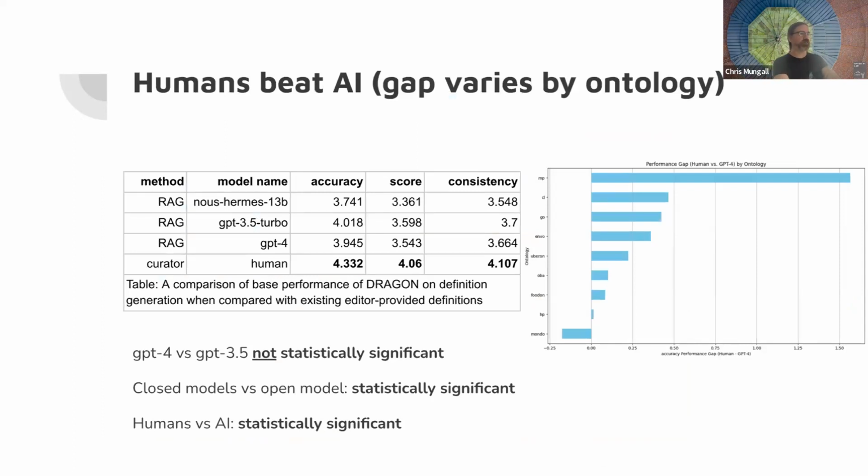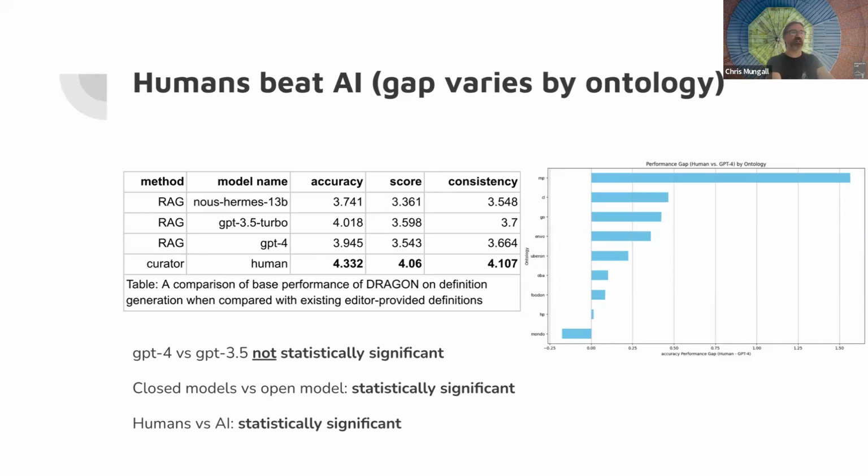It turns out that the best model, GPT-4, actually writes pretty good definitions according to the scores given here. 3 was deemed to be an acceptable definition. It scores fairly well on overall accuracy. The difference between the models is maybe not statistically significant, but the difference between the human-authored ones and the model ones is significant.